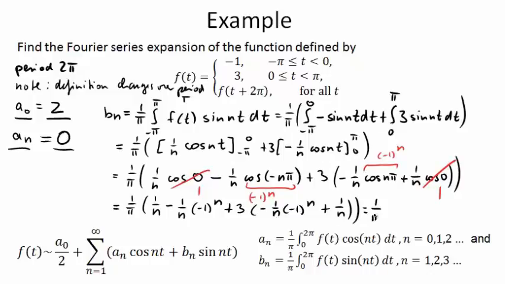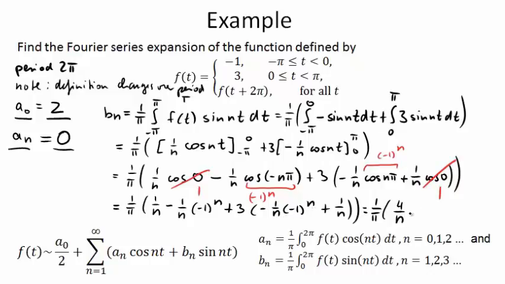We get 1 over pi, and inside the brackets we've got 1 over n, and there's another 1 over n, but it's multiplied by 3, so this gives us 4 over n. And here we've got minus 1 over n, negative 1 to the power of n, as well as minus 1 over n times negative 1 to the power of n, but times 3.